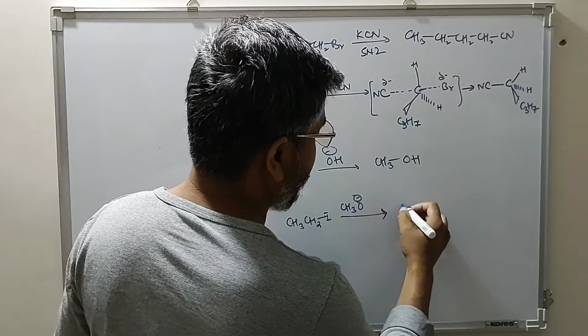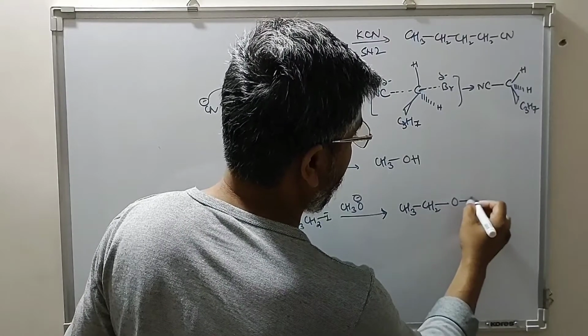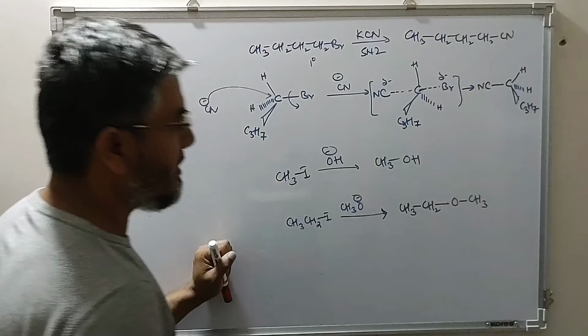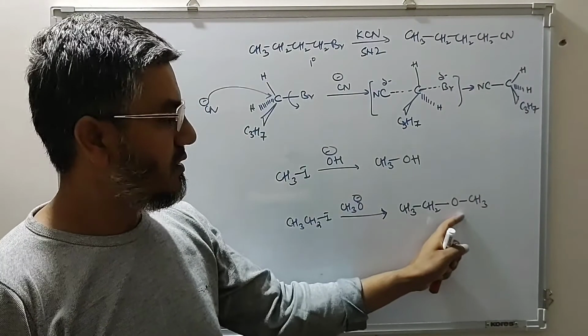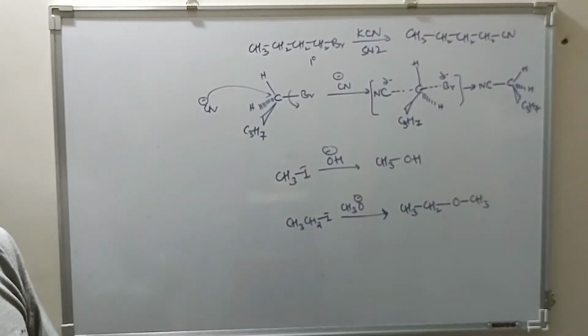This gives you CH3CH2OCH3, that is I minus is replaced by CH3O minus, so we get this ether. So this is how this SN2 reaction takes place.